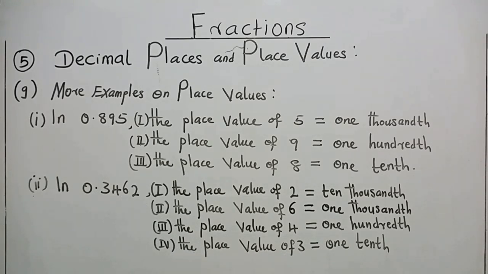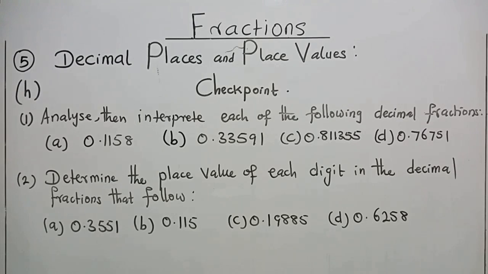Now, watch out for an exercise. Check if you understood all I have said in place values by answering the following questions. Please watch out. And here comes the checkpoint. The first question says, analyze, then interpret each of the following decimal fractions.